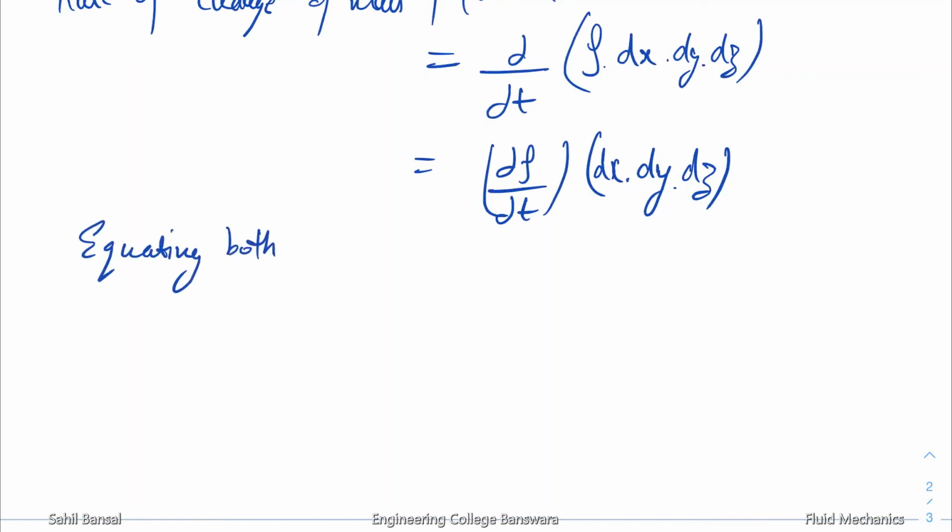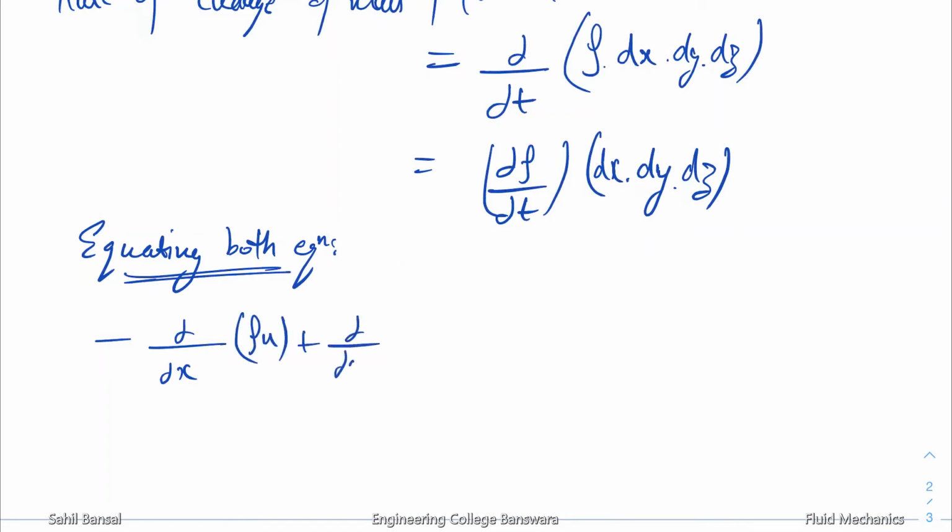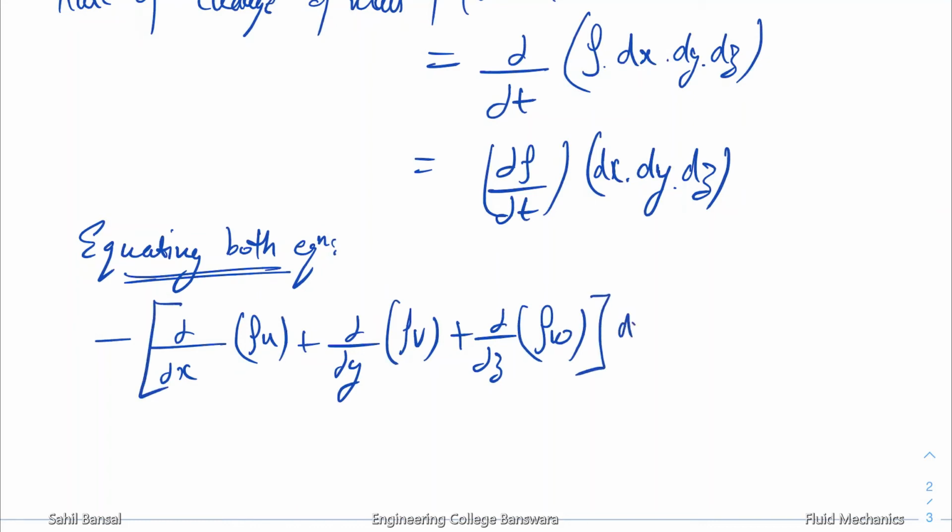Equating both equations, I can write minus of del by del x of rho u plus del by del y of rho v plus del by del z of rho w, into dx dy dz, will be equal to del rho by del t dx dy dz.